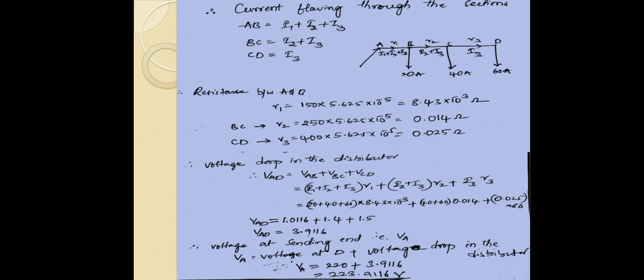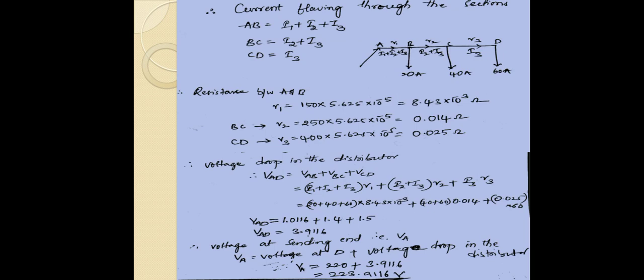Therefore, the voltage drop in the distributor VAD equals VAB plus VBC plus VCD, which is (I1 plus I2 plus I3) R1 plus (I2 plus I3) R2 plus I3 R3.